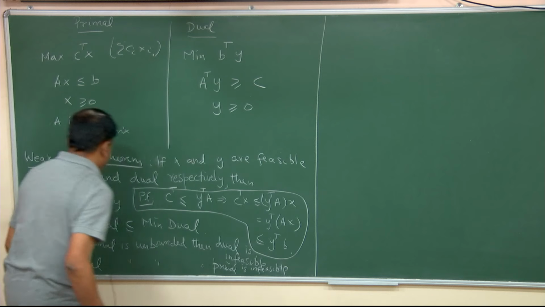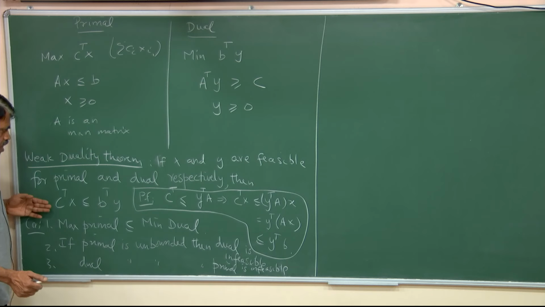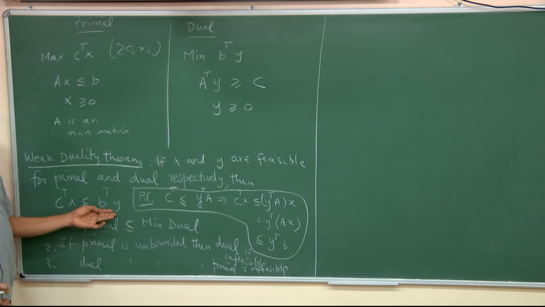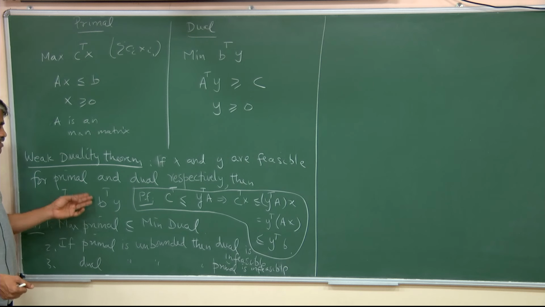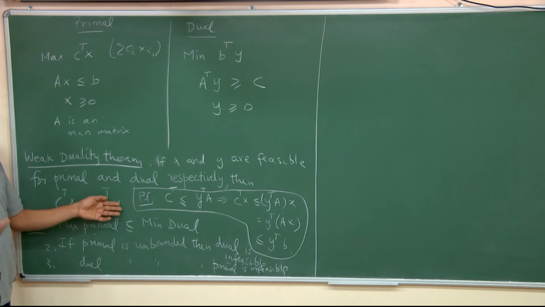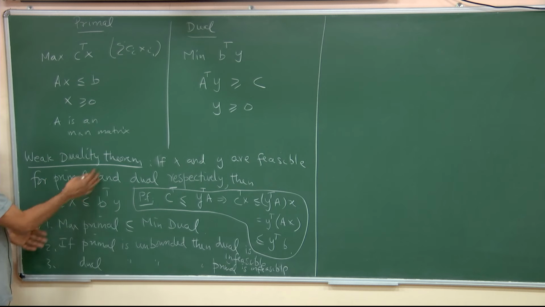Why? Because if the dual is feasible, then any feasible solution, the objective value is an upper bound for the primal. So primal cannot be unbounded. Right? Because of this, if the primal is unbounded, then dual has to be infeasible, because if the dual is feasible, any feasible value, the objective function is an upper bound on the primal.